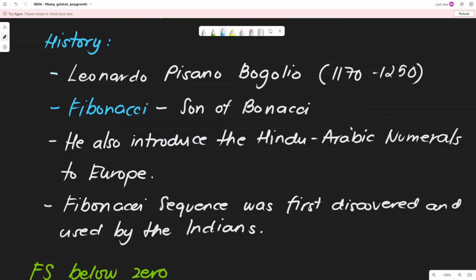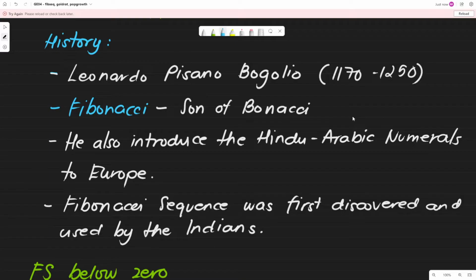Leonardo also introduced the Indo-Arabic numerals to Europe. As we all know, we have the Roman numeral system, with I, V, and other letters. However, using Roman numerals for large numbers is quite hard to construct.